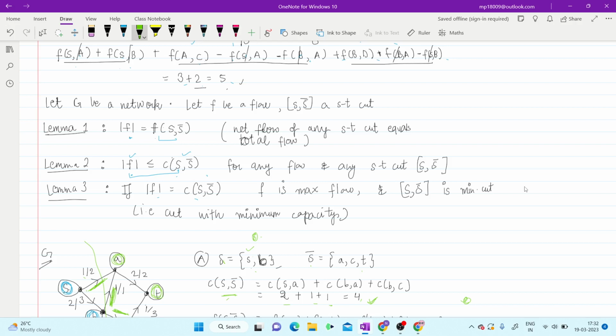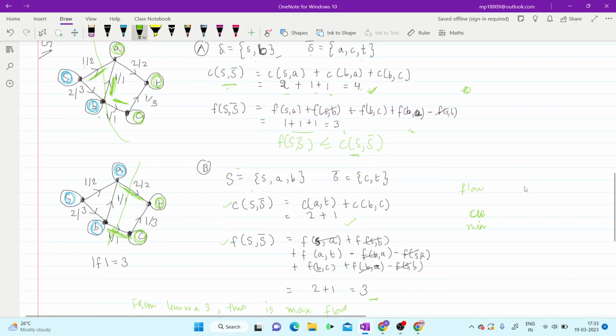And the third lemma says that if we can find a flow and a cut whose capacity is equal to the flow, then this F will be the maximum flow and this cut will be the minimum.